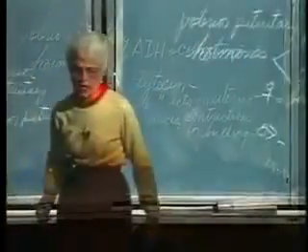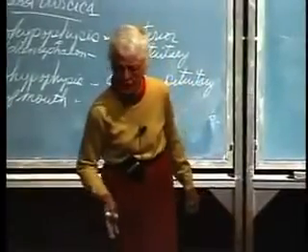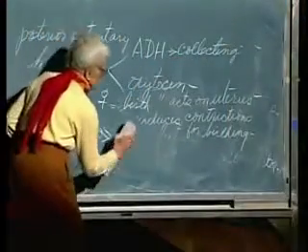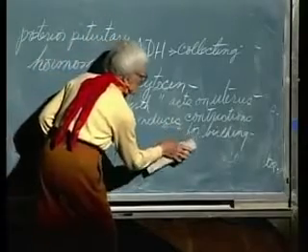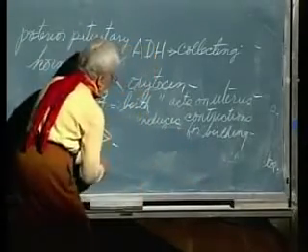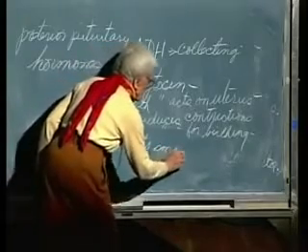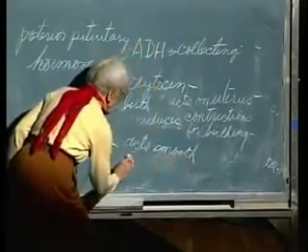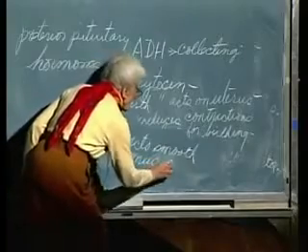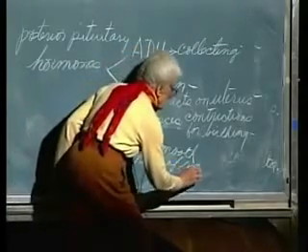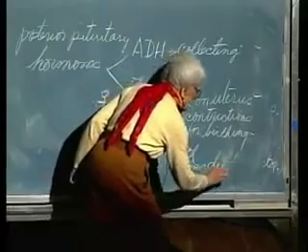In the male, why does the male need oxytocin? Oxytocin acts on his vas deferens. We'll study the male reproductive system like we'll study the female soon, but I'm just going to put it in here to complete. It acts on the smooth muscle of the vas deferens.